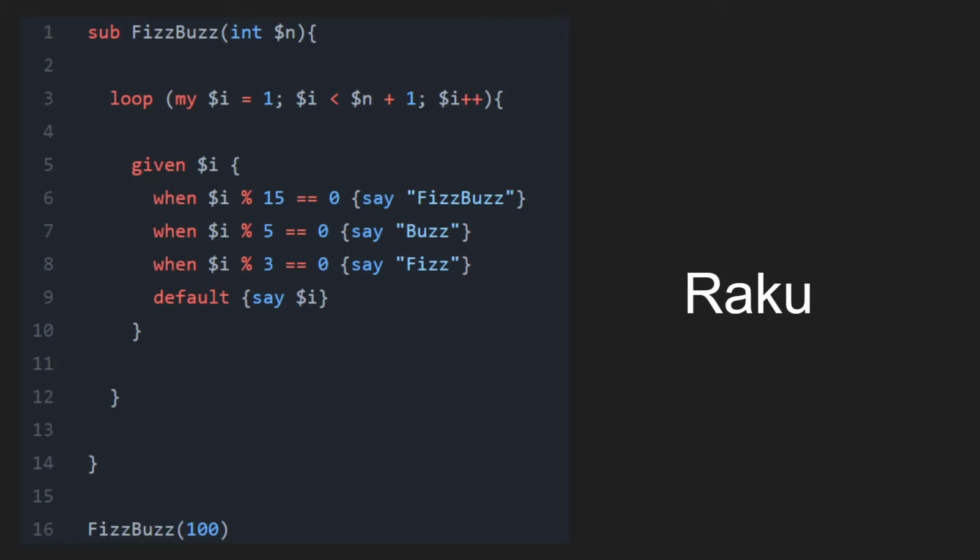So when $i mod 15 is 0, say FizzBuzz. And I actually like this a lot. I think that this is a very nice looking solution, and it makes big if-else blocks look a lot more elegant, having a default statement as well. I really think that Raku is kind of a cool language, but it's definitely a little bit out there.